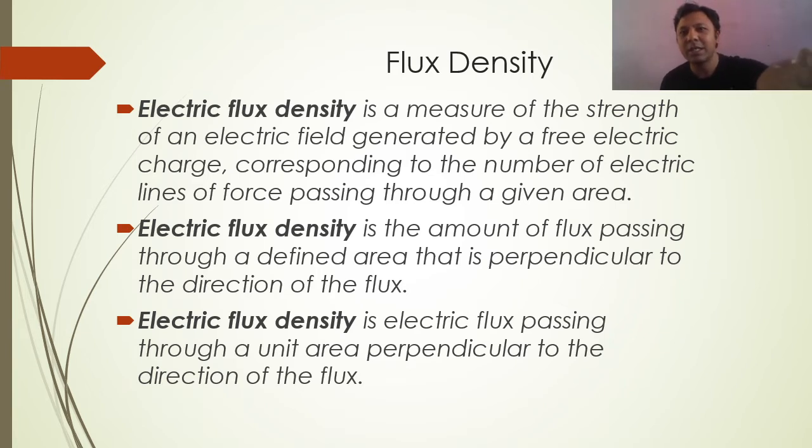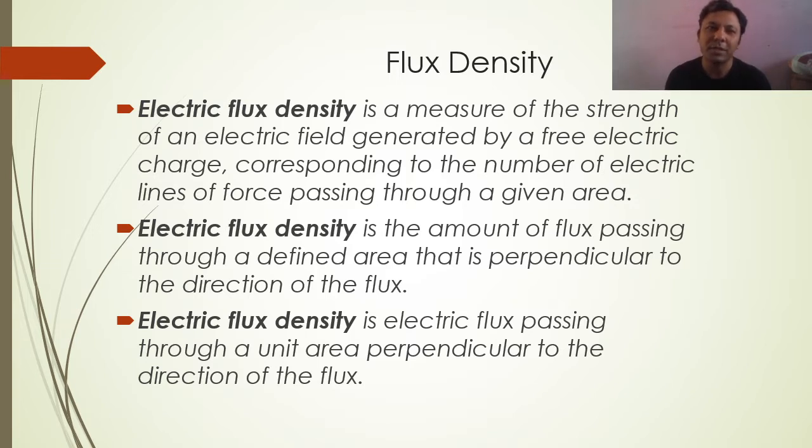Here are the three definitions of electric flux density. Whichever definition you can choose, but I choose the second: it is the amount of flux passing through a definite area that is perpendicular to the direction of flux. The amount of flux is passing through the defined area.